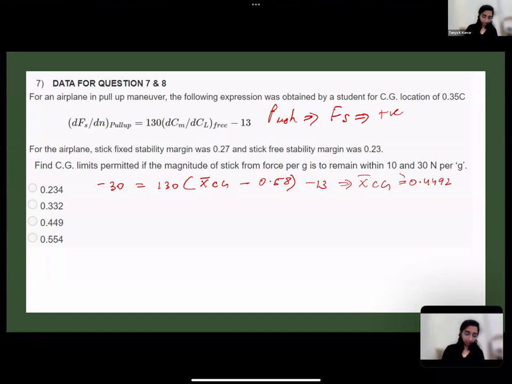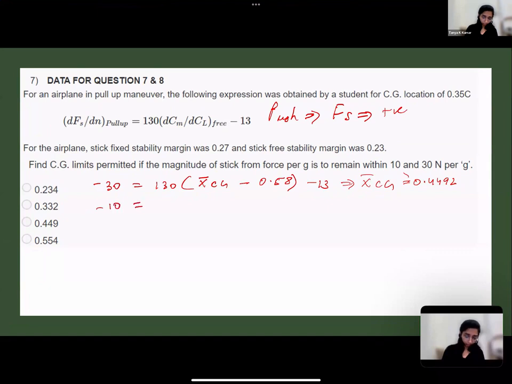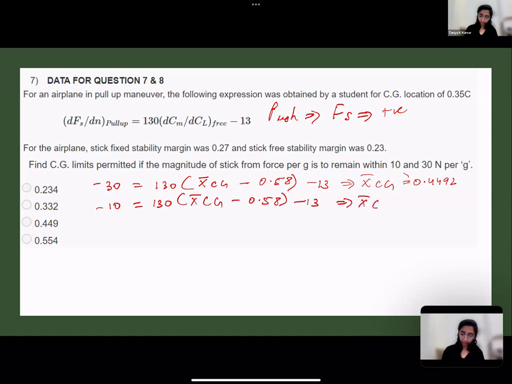Now let's try minus 10. 130 X bar CG minus 0.58 minus 30. What is X bar CG here? 0.603, yes.